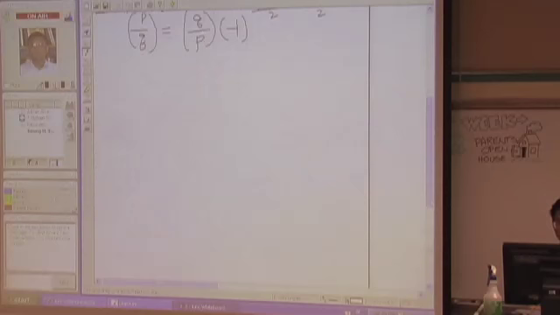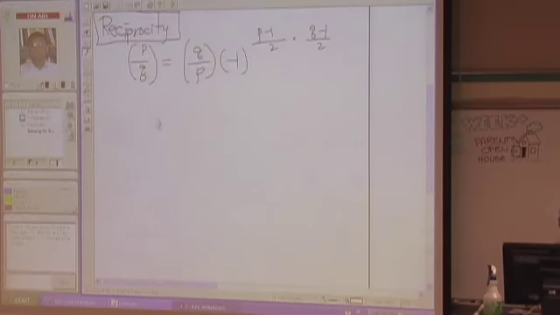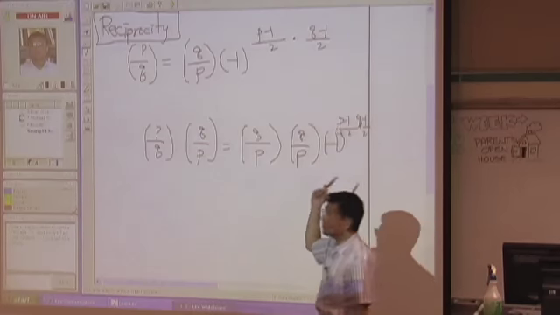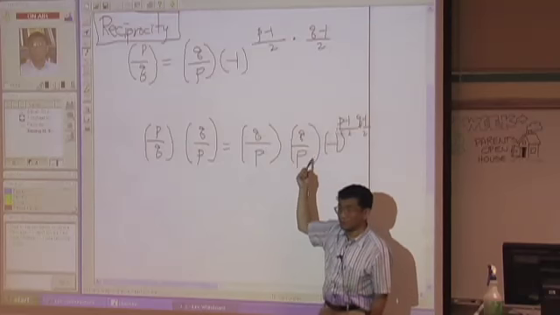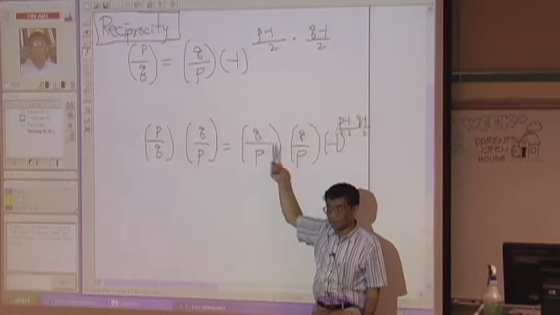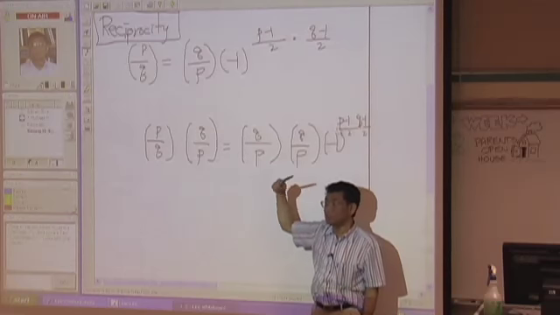So I will multiply both sides by Q over P. Then I will get the equivalent statement. But what about the Legendre symbol Q over P multiplied by Q over P? It is equal to 1, because something squared is 1.